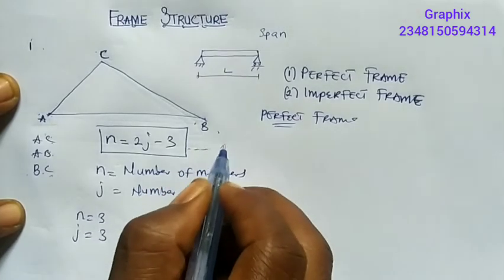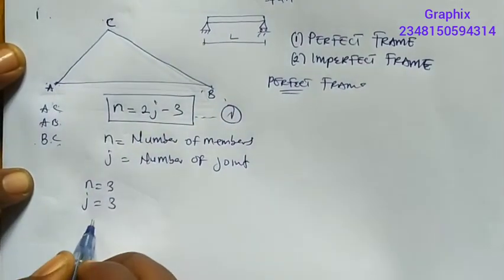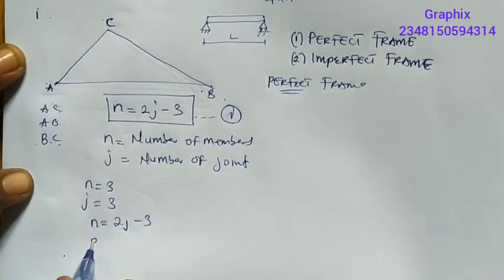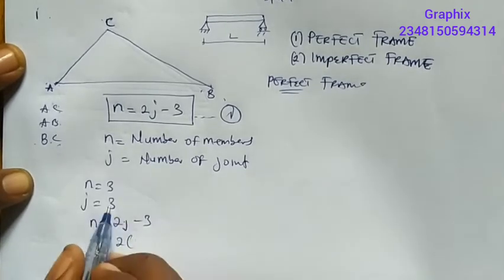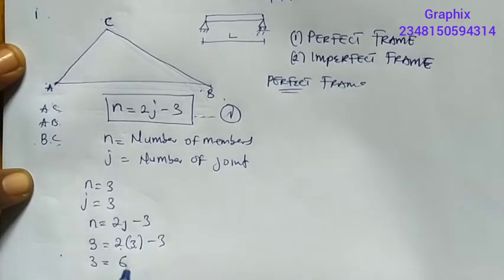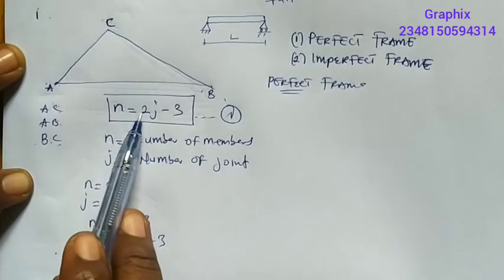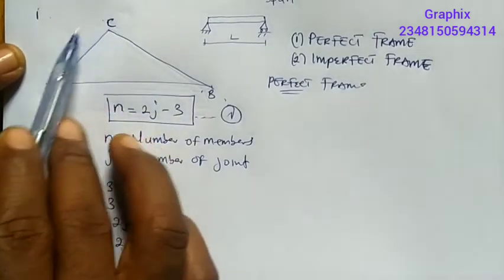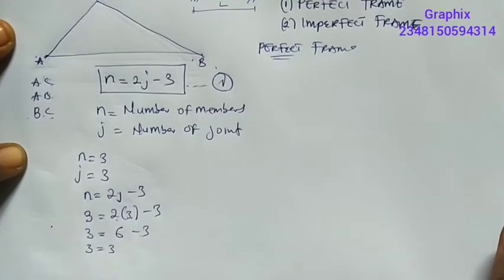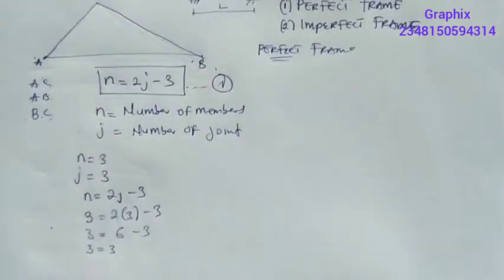If we input it in the equation n equals 2j minus 3, n is 3, and 2 times j, which is 3, minus 3. So 3 equals 2 times 3, which is 6, minus 3. So 3 equals 3. Now we see that n equals 2j minus 3, so we say this frame is perfect. Are we good? So this frame is a perfect frame.